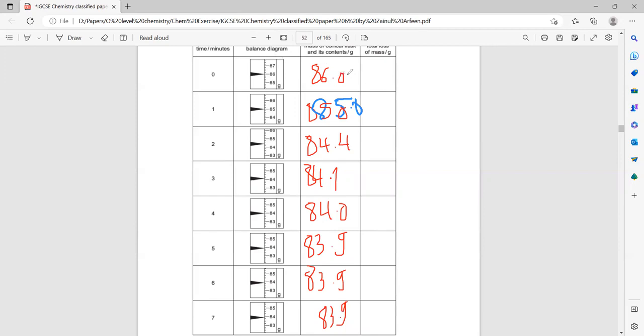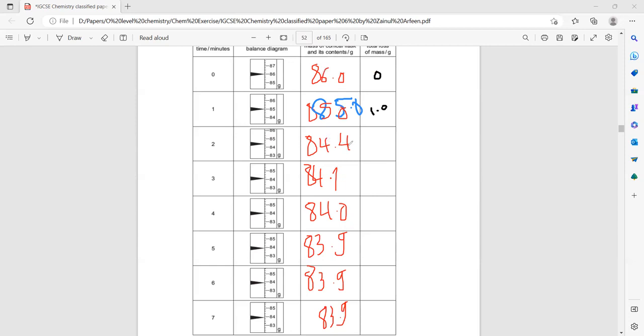Now, we have to calculate the difference in the masses. So in the beginning, when the experiment is started, there's no difference in the mass, so change in mass is 0. Then we started at 86 and now it is 85, so difference in mass is 1.0. And this is 84.4 and in the beginning it was 86.